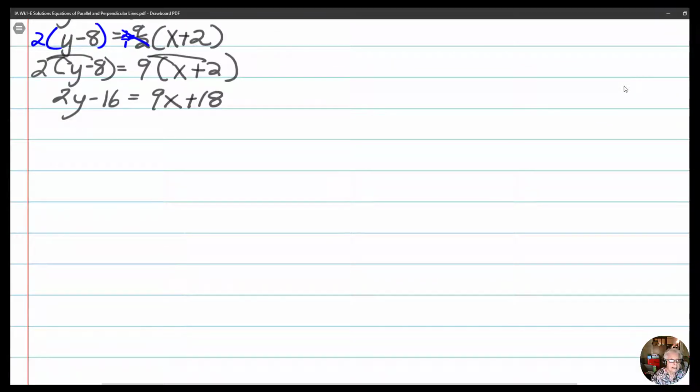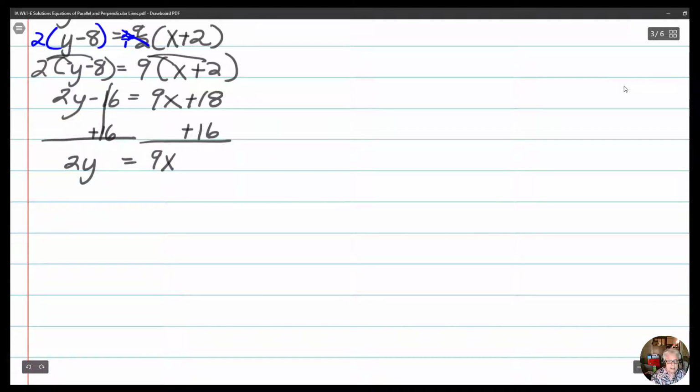Okay, I add 16 to both sides. These zero out. I'm left with 2y on the left and 9x. All right, 8 plus 6 is 14. Carry the 1.